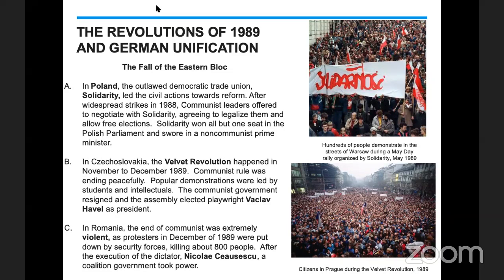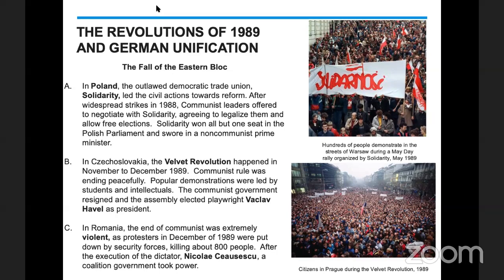They offer to negotiate, and they will legalize Solidarity as a party and promise to allow free elections. They underestimate Solidarity's ability to mobilize people to get to the polls, and Solidarity will win all but one seat in that election, and they will swear in a non-communist prime minister. So that's a huge moment in these Eastern Bloc states.